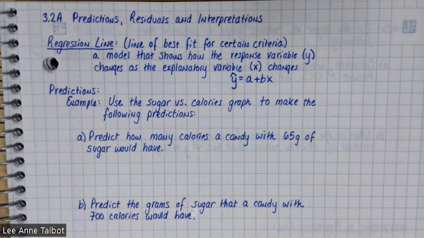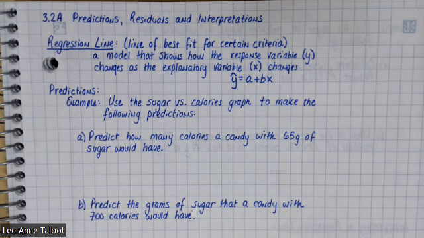I did not make that up. It's actually called y hat, and it's y with a little hat over it. The little hat means predicted. It means not exactly, because you're working with a scatter plot, right? So that's saying predicted y equals a. A is the y-intercept, like the b for y equals mx plus b. And then b is the slope.